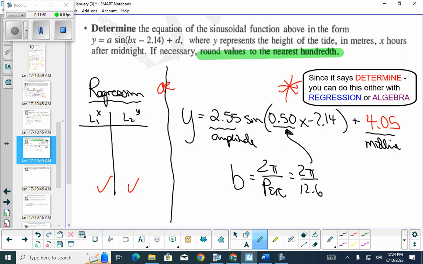But determine just means please find. It doesn't give you the actual way to find it. So that means there's always choice involved. One of the scary things that some kids said on January's exam was that when it said determine, they didn't know how, so they didn't know if what they were doing was right.